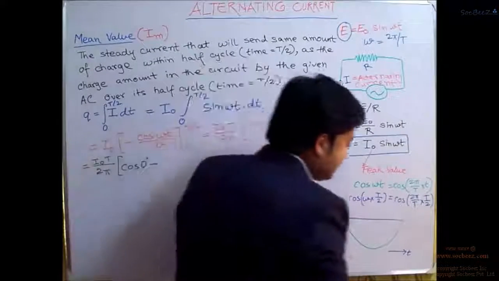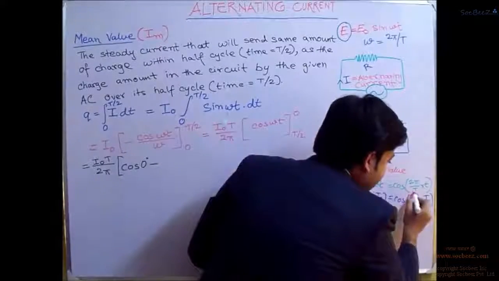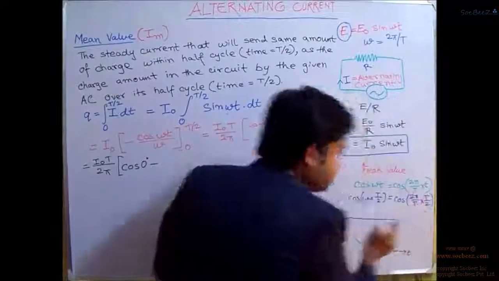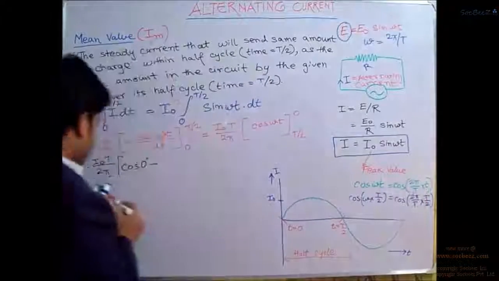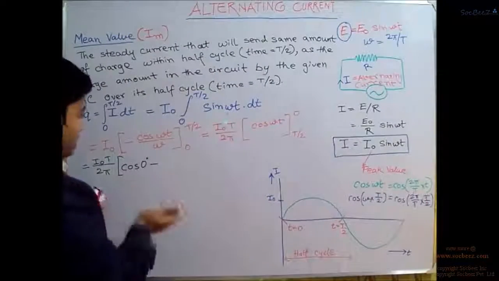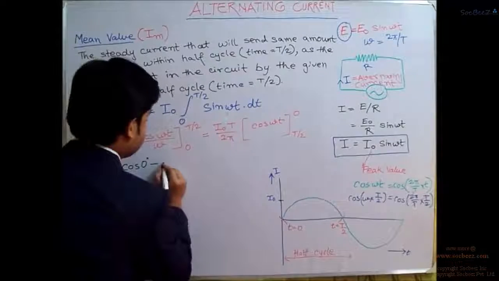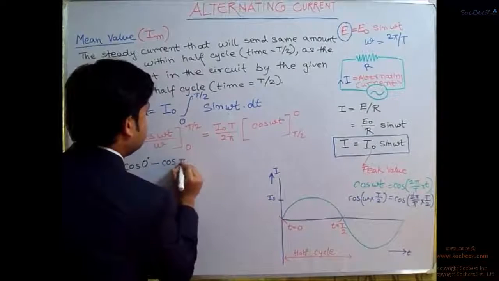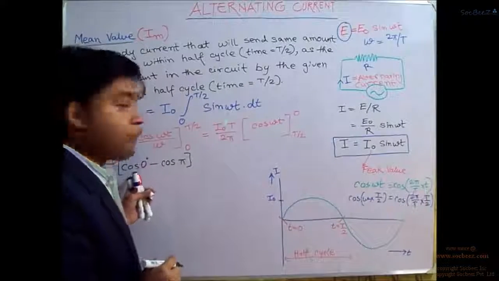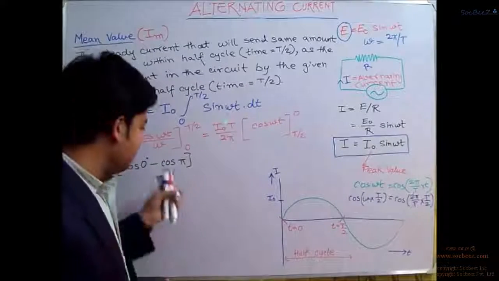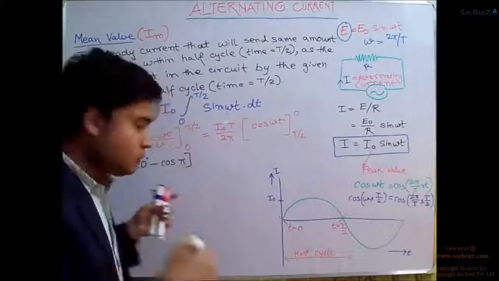So we can easily cancel this 2 and this 2, this T and this T. What is left is only cos pi. So this will be cos 0 degree minus cos pi, right? And now what is the value of cos 0 degree? That is plus 1. And what is the value of cos pi? This will be minus 1.